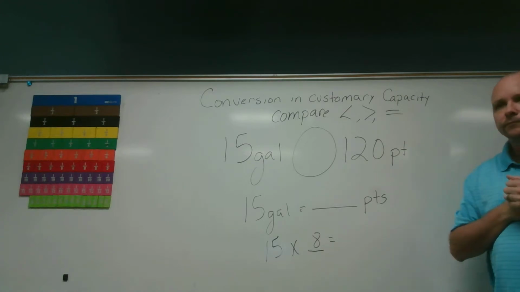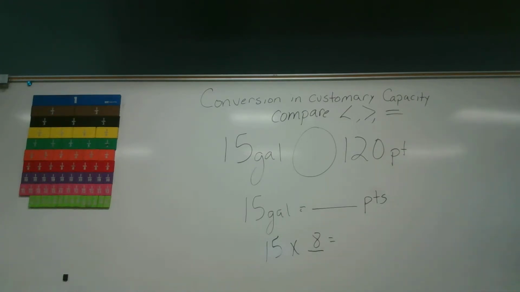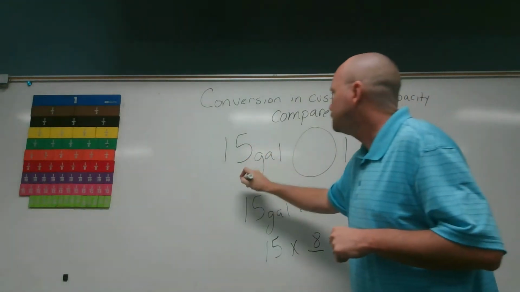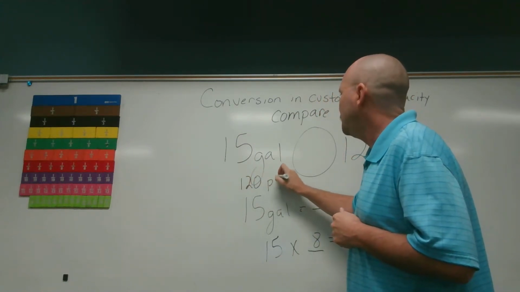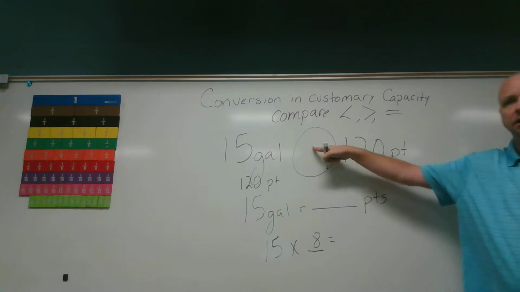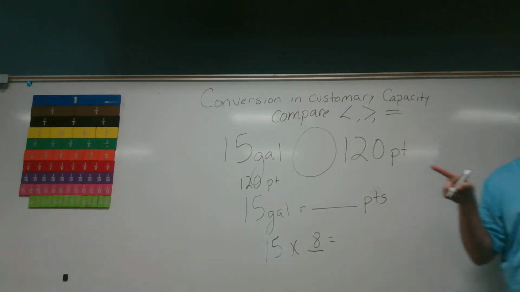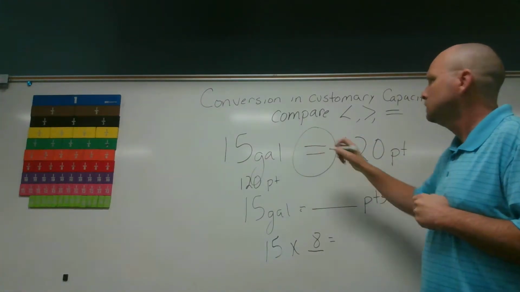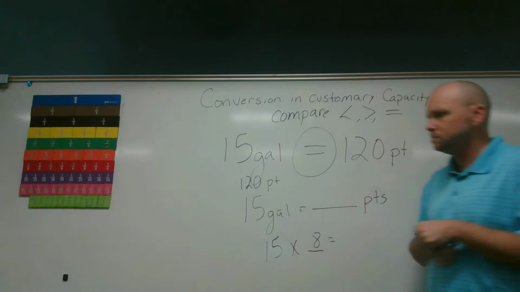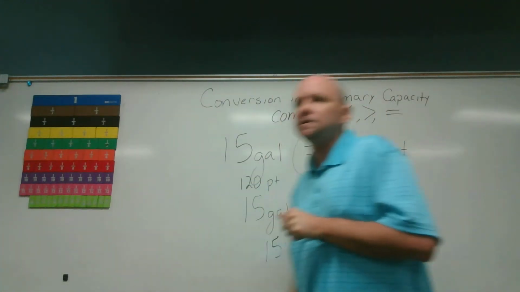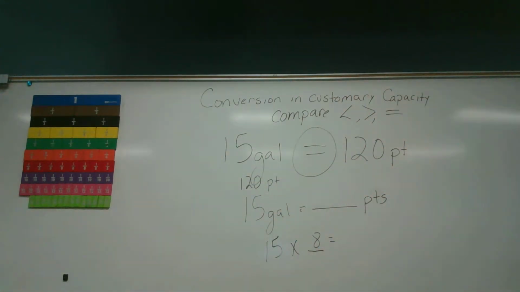Well, actually, wait. 120. So 15 gallons is the same as 120 pints. So what should I put here? Phoenix? Thank you, all you Phoenixes. So 15 gallons is equivalent to 120 pints.